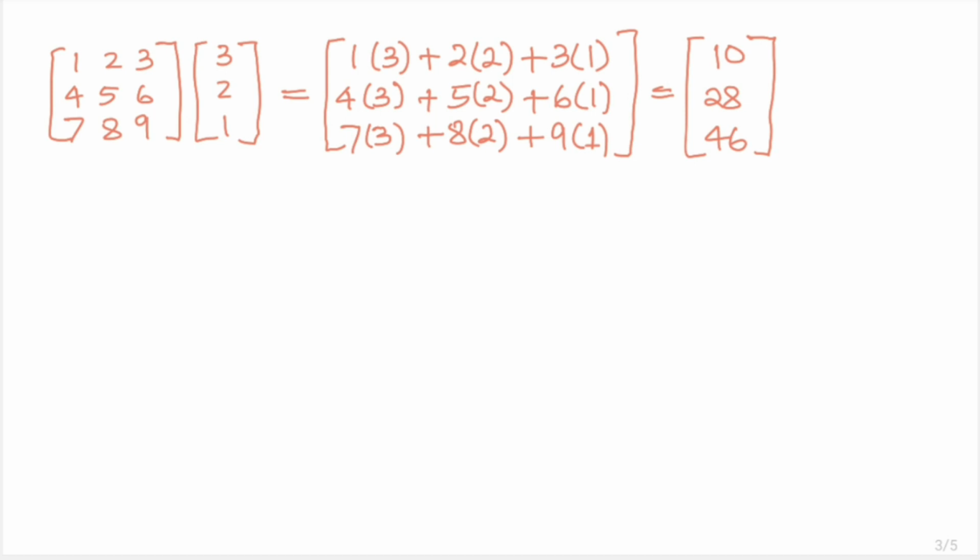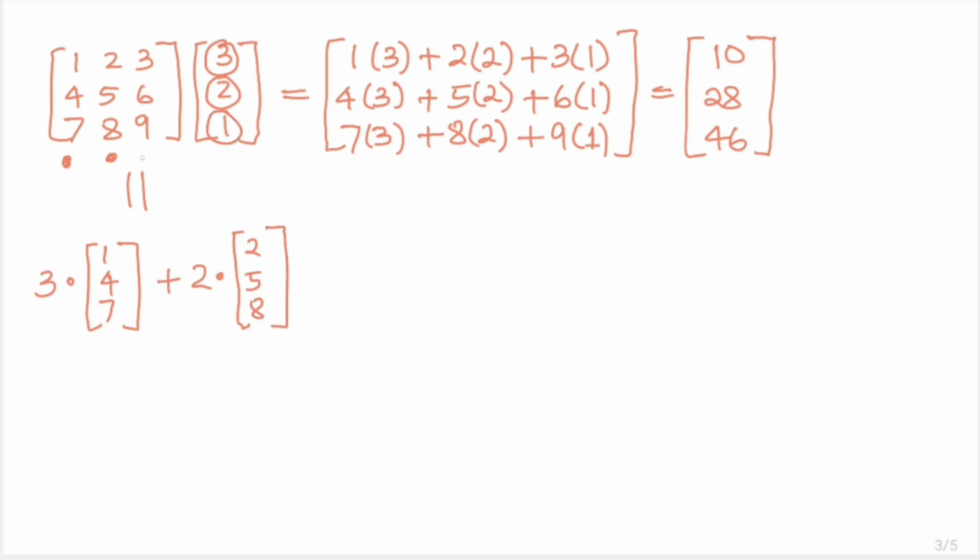Now let's think about this in terms of a combination of the columns. So we are saying that this quantity is equal to what? It's equal to, we take the first component of that, multiply by the first column. So 3 times 1, 4, 7 plus, we take the second component, multiply by the second column, plus 2 times 2, 5, 8.